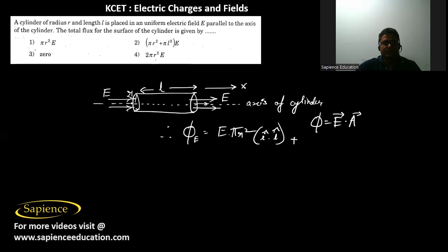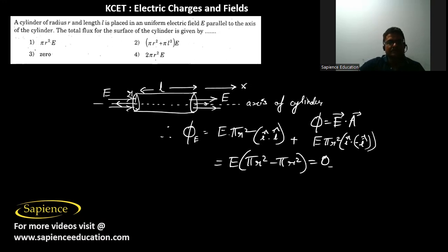But for the left surface, the area vector is along the negative x-axis. So it will be E into pi r square into i cap dot minus i cap, which will become minus 1. So it will be E pi r square minus E pi r square, which becomes 0. So the total flux for the flat surfaces of the cylinder will be 0.